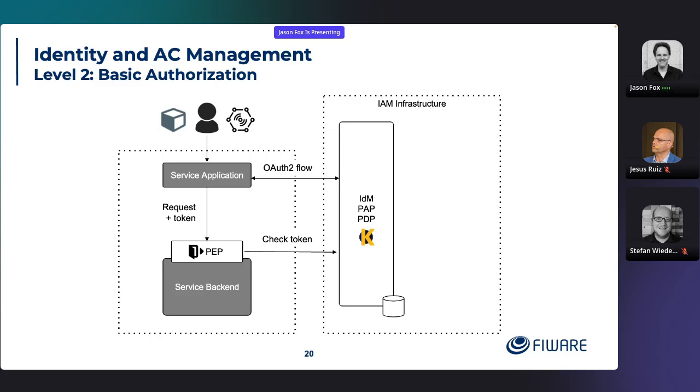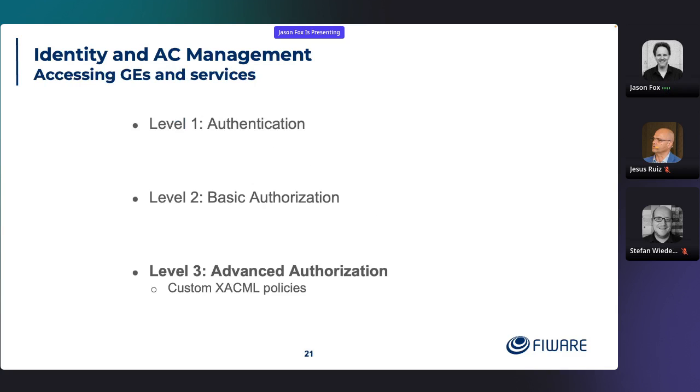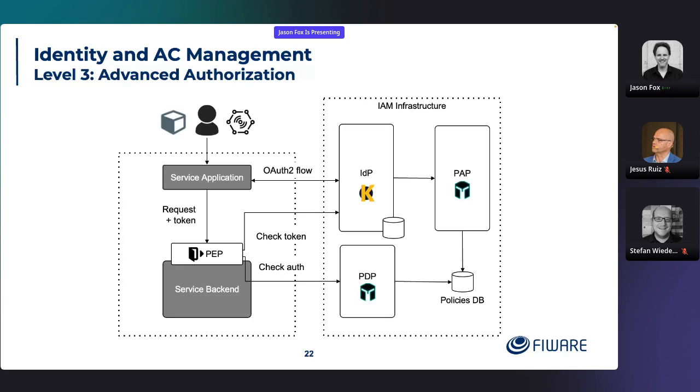In this case, the first case, I would use Keyrock as my PDP, which gives you the rights. If I want to get more complex, this is when we get into your XACML rules. This is where we need the ability to do advanced authorization.